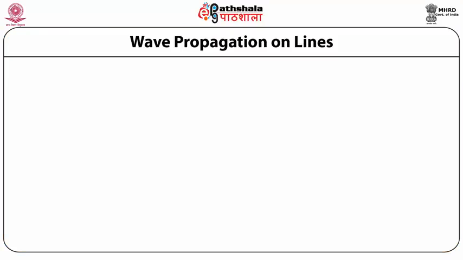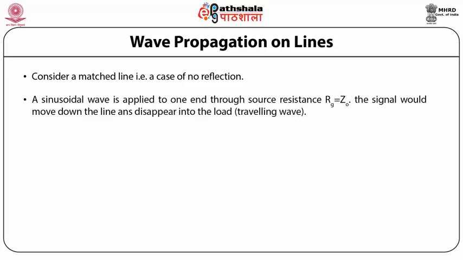Wave propagation on lines. Consider a matched line, that is, a case of no reflection. A sinusoidal wave is applied to one end through source resistance Rg equal to Z0. The signal would move down the line and disappear into the load as a traveling wave.